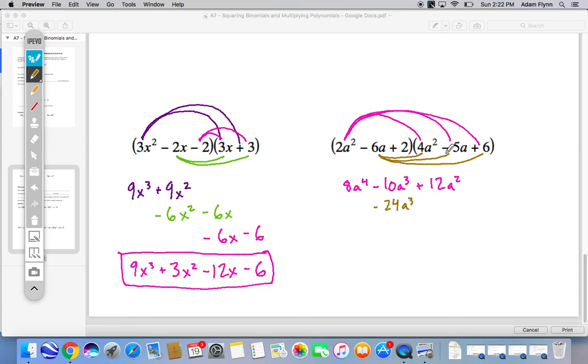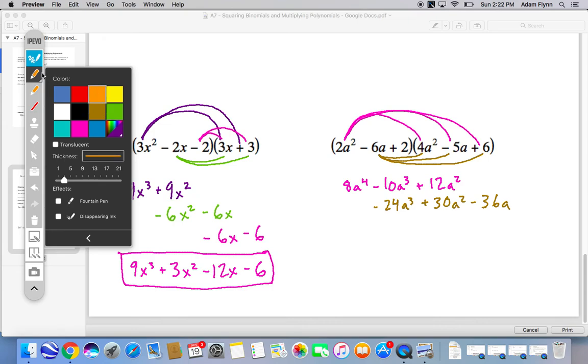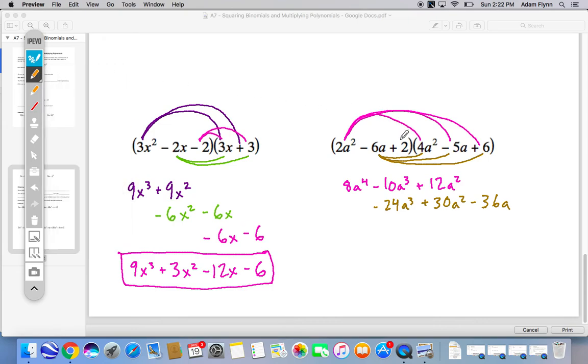I have negative 6a times negative 5a, which is a positive 30a squared. And I have negative 6a times positive 6, which I know is negative 36a. So we still have a third term to take care of.